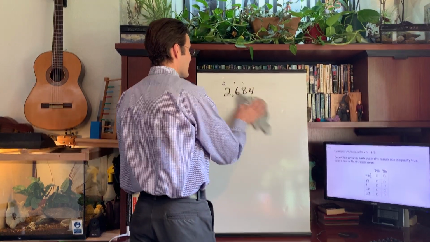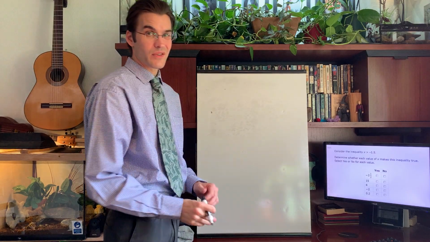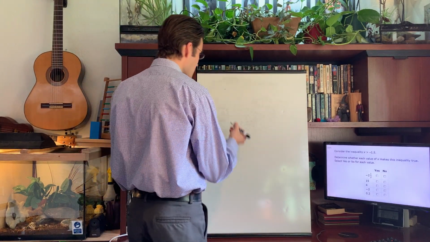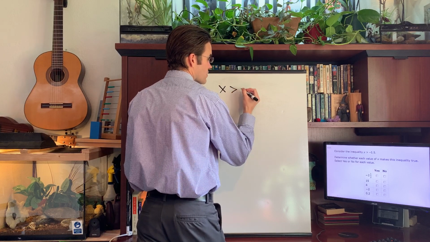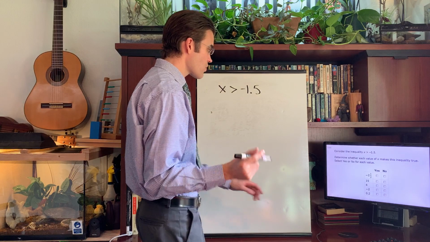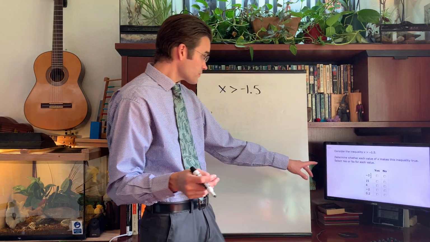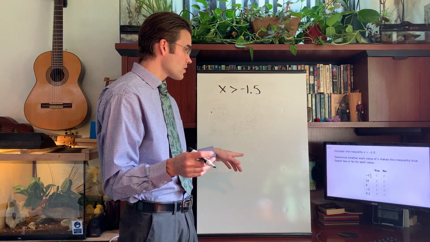Ooh, greater than and less than with decimals that are negative. Whew, here we go. Here is our question. X is greater than negative 1.5. So the question is to determine whether each value of X makes the inequality true.